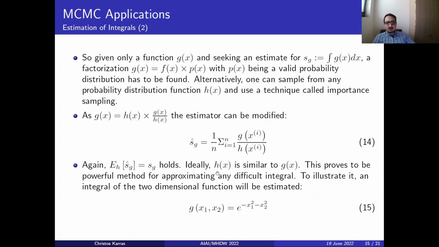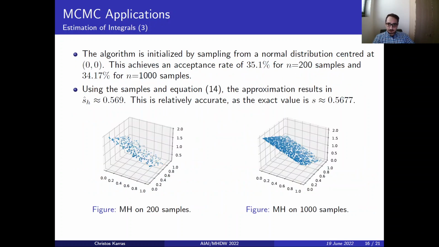Ideally, h(x) is similar to g(x). This gives us a powerful method to approximate difficult integrals or functions that we don't have prior knowledge of. To illustrate this, an integral of a two-dimensional function, shown in equation 15, will be estimated.